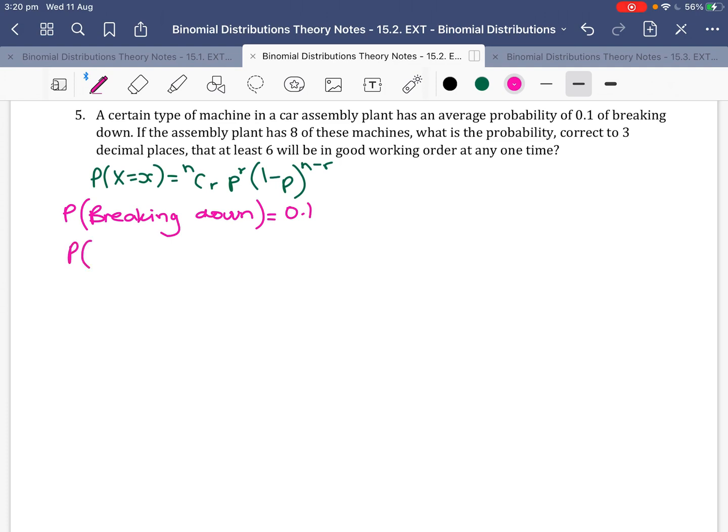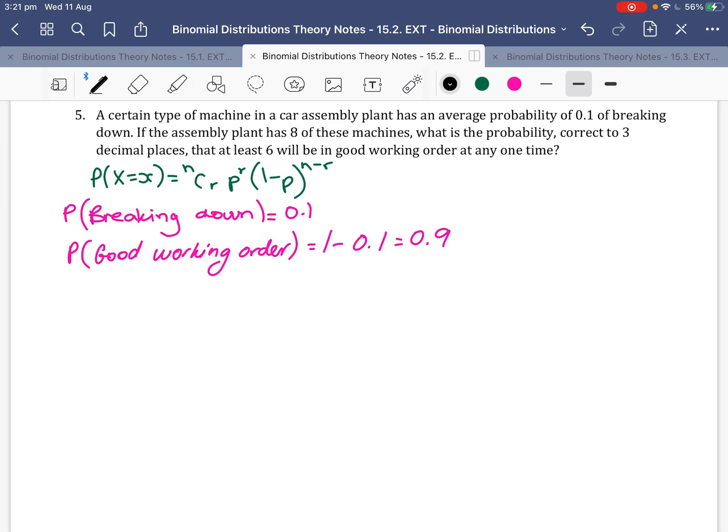So not breaking down, or in other words, in good working order, will be 1 minus the probability of breaking down, which is 0.9.